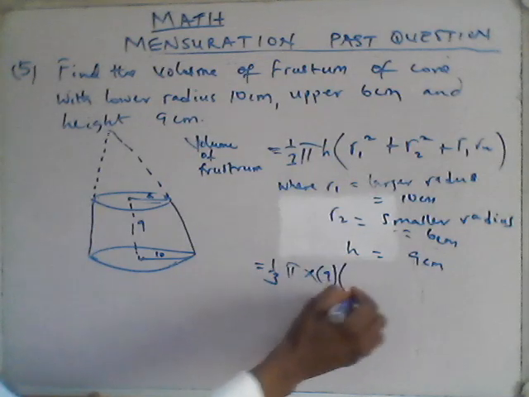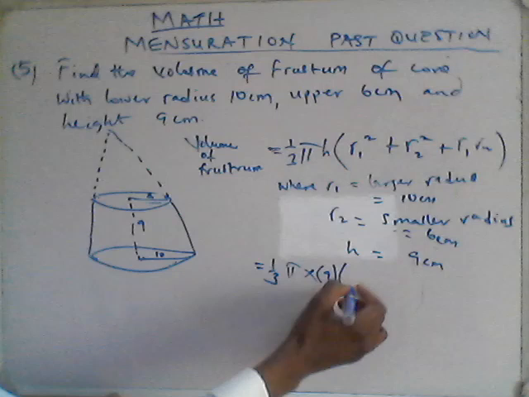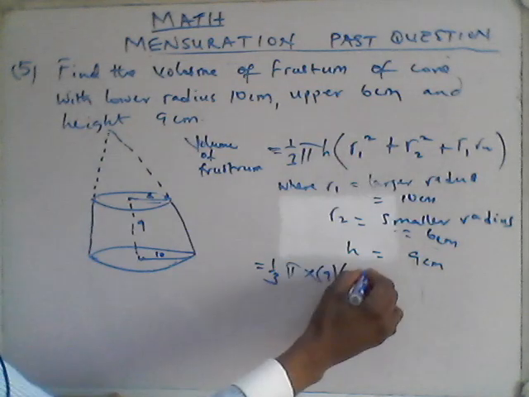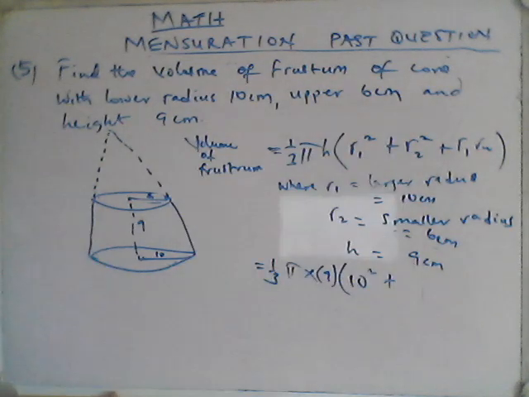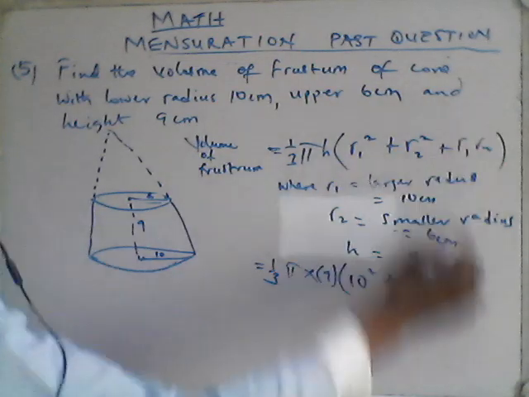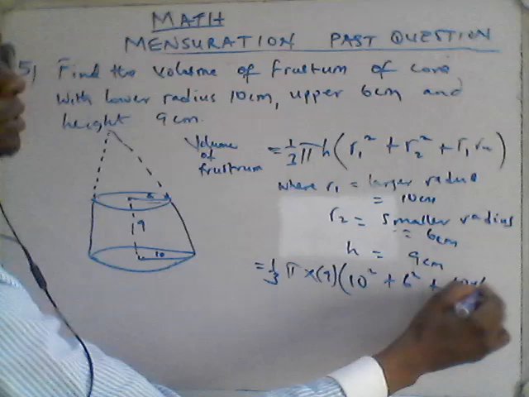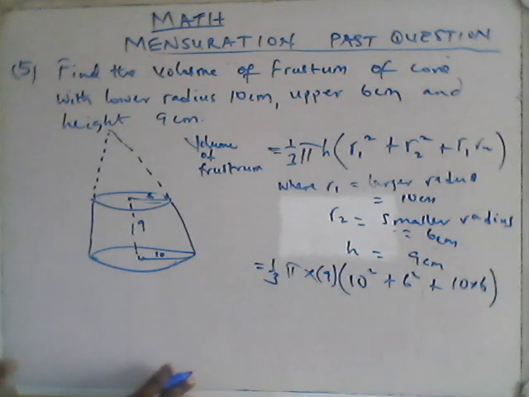Open brackets. R1 square is 10 square, plus R2 square is 6 square, plus 10 times 6. Close the bracket. From here, I begin to solve.